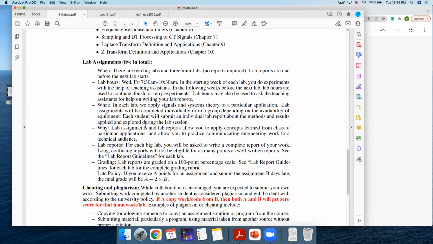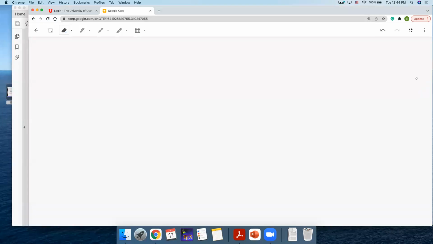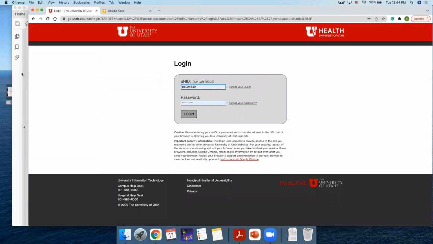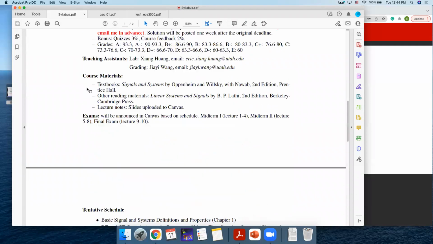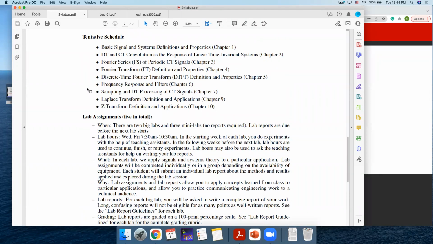Okay, the most important thing here is the lab. The lab is assigned on Wednesday and Friday, 7:30, in person. But I want to discuss this with you. Is it okay to make the lab in IVC format, not in person?